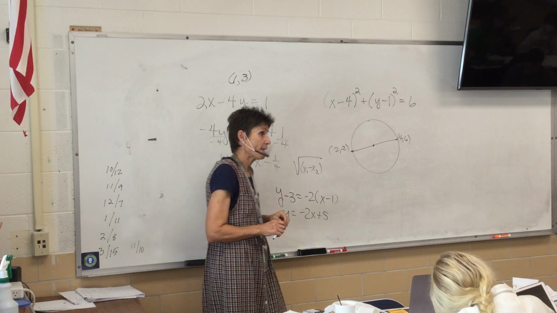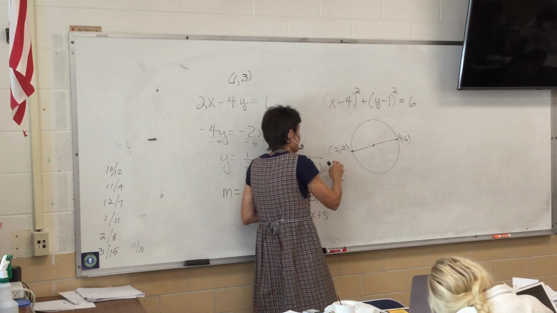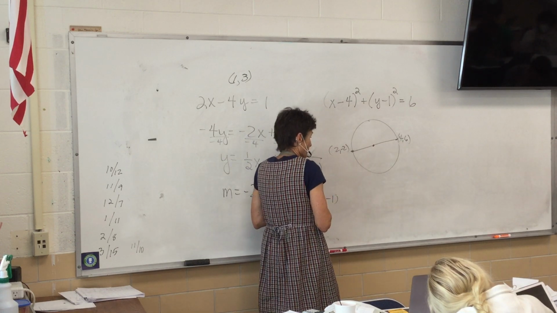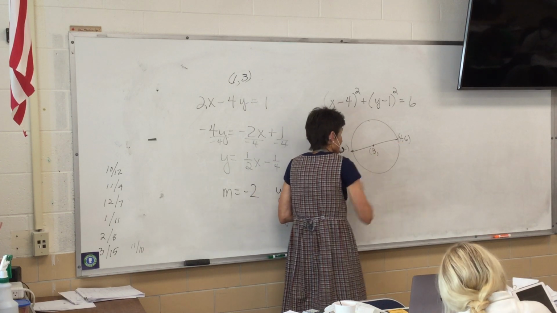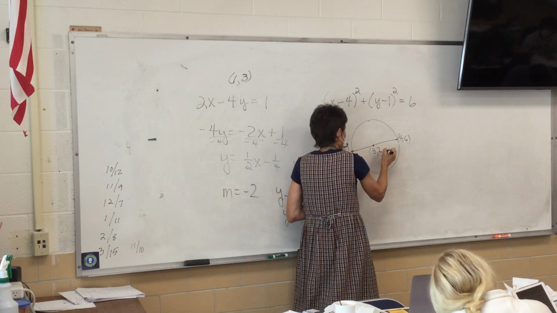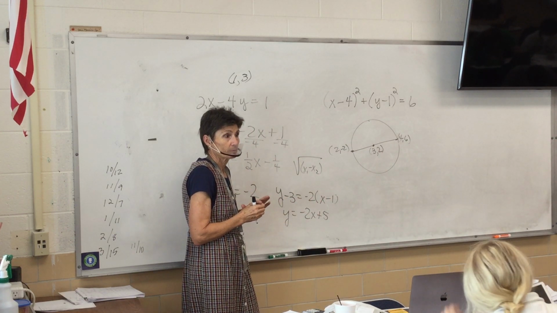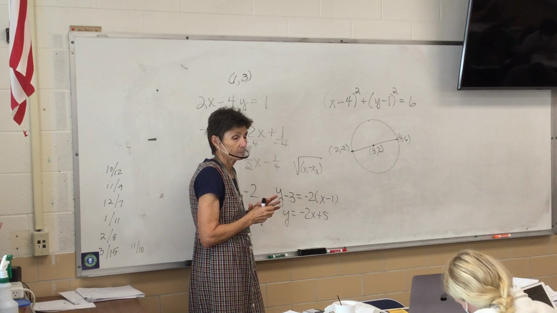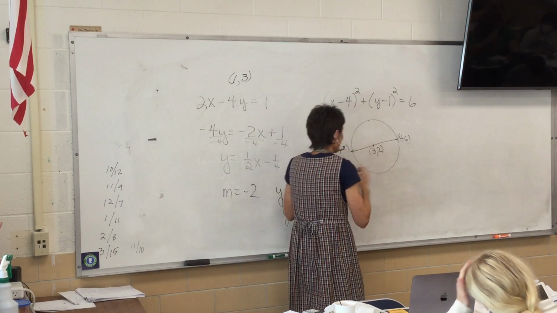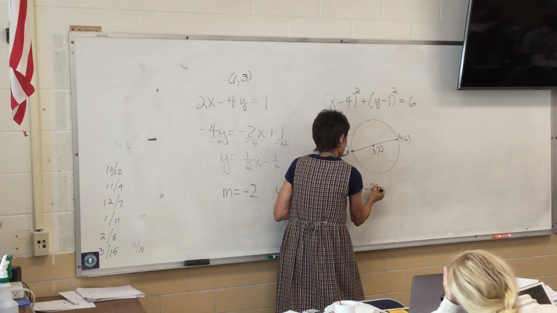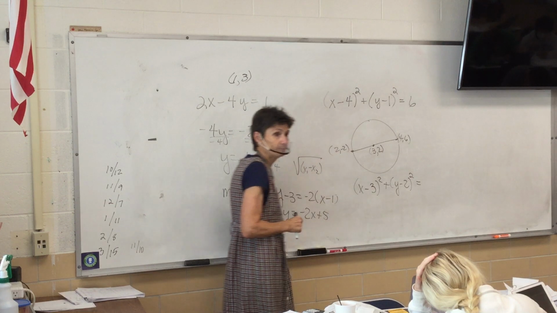The average, remember, midpoint, average, because then you'll always add. When I average, I add, so 2 plus 4 divided by 2 is 3. And negative 2 plus 6 divided by 2, that's 2, so my center is at 3, 2. Is that right? Don't let me make a mistake. So already, even if I don't know what else to do, I can write x minus 3 squared plus y minus 2 squared, right? Already I can do that.